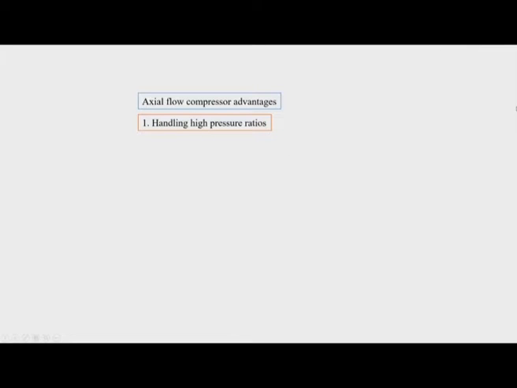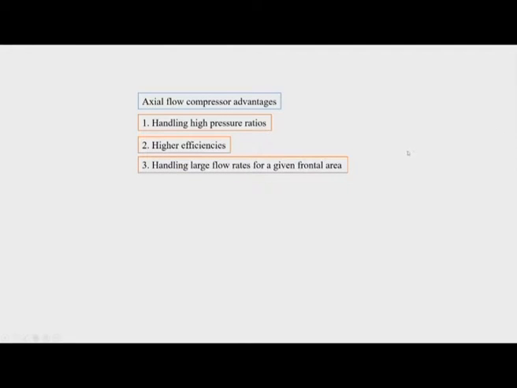So high pressure handling is possible with the axial flow compressor. Further, for high pressure ratios, this compressor exhibits higher efficiencies. This is also an economical point for which the axial flow compressor will be considered.